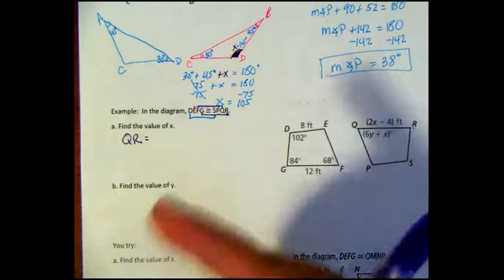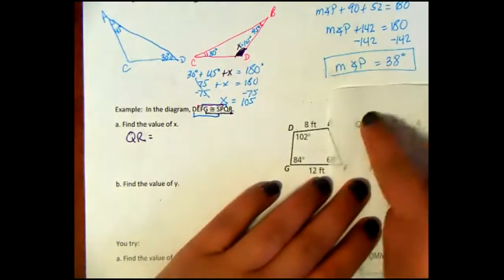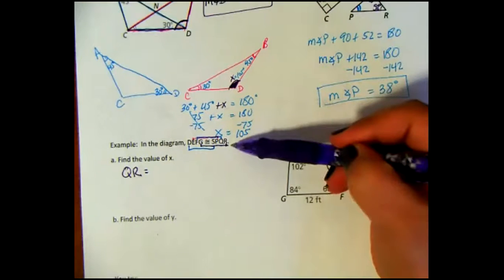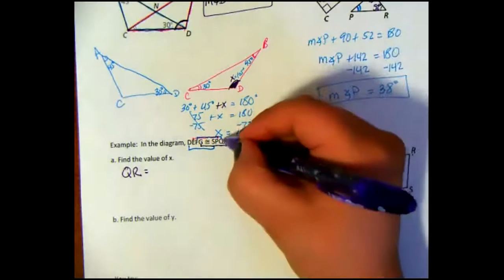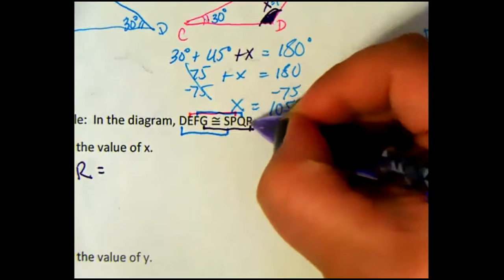Well, I can do it a few ways. I can use patty paper and trace this and then rotate it and put it there. Or I can look at the name and see, here's QR right there. That's the last two letters.